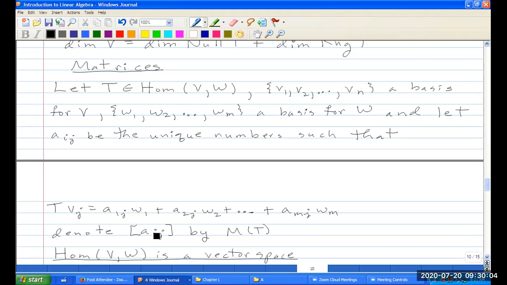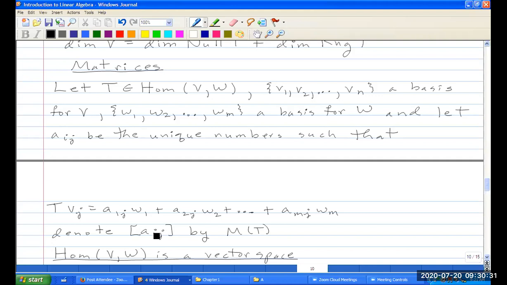This way of collecting this data and storing it in this little array, which we call a matrix, is because there is a basis to a vector space, and any vector in your vector space is uniquely represented as a linear combination of your elements in your basis.